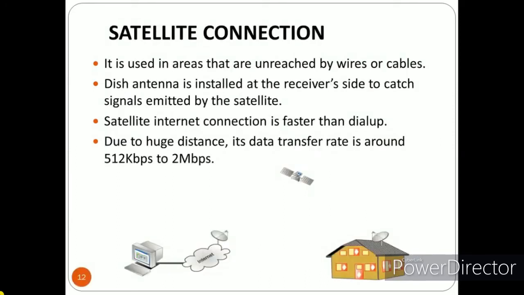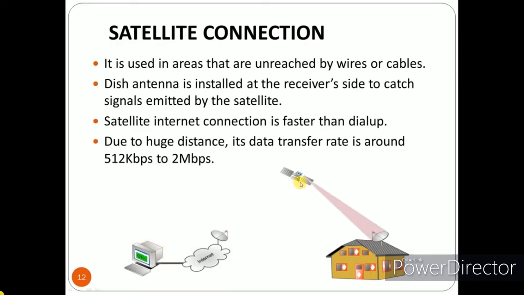Next is your satellite connection. Satellite connection is used in areas that are unreached by wires or cables. A dish antenna is installed at the receiver end to catch signals emitted by the satellite. Now, as you can see in the image, this is your ISP that we have discussed earlier. ISP is Internet Service Provider. This service provider will send the data to the satellite. Fine.